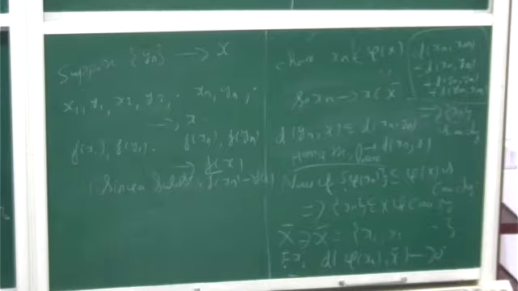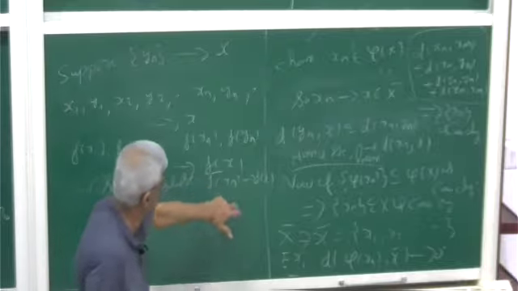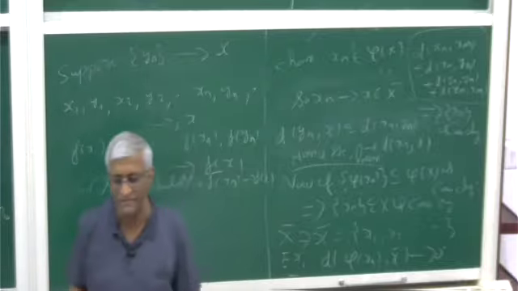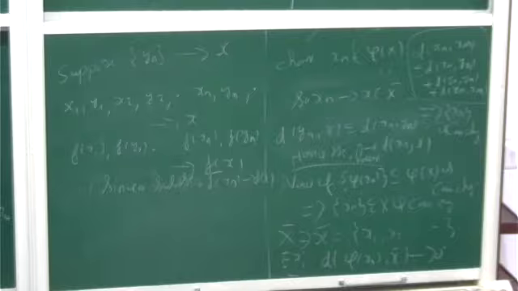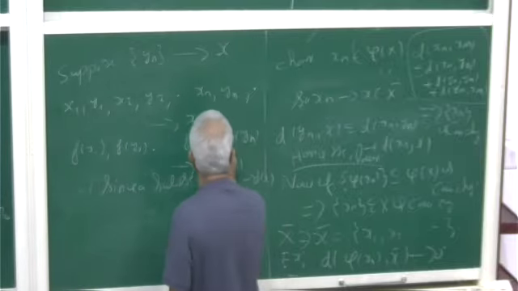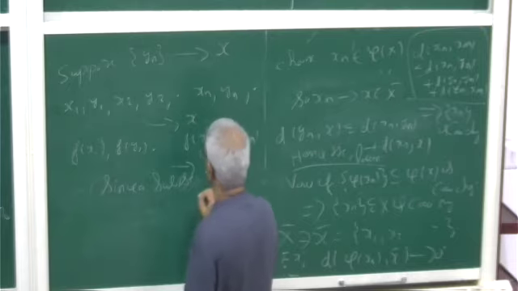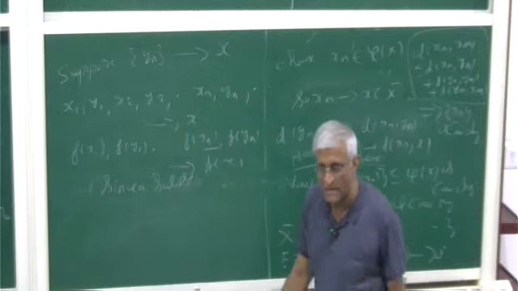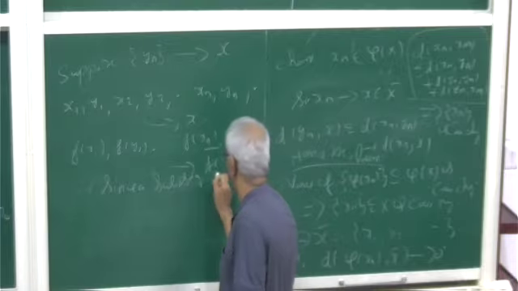What else do we need? Do we have to prove anything? That's all, I think. Since a subsequence of f of xn converges to f of x, this is f bar of x.